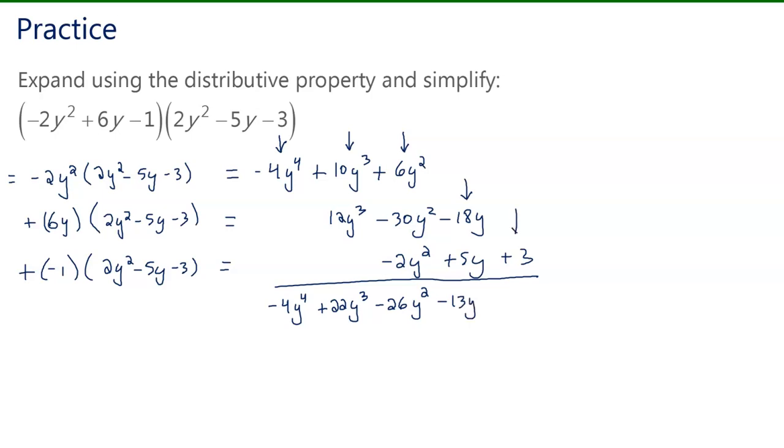And in the last column, we simply have positive 3. So our product of negative 2y squared plus 6y subtract 1 times 2y squared subtract 5y subtract 3 is negative 4y to the 4 plus 22y cubed subtract 26y squared subtract 13y plus 3.